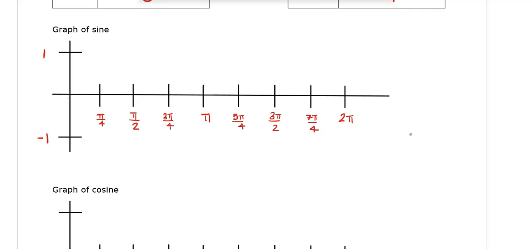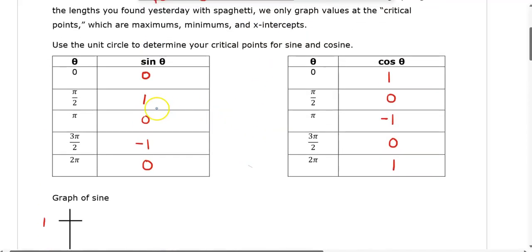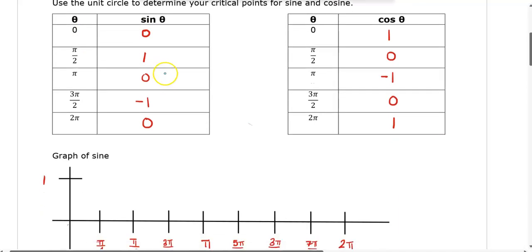All right, let's see what the graph of the function would look like. At 0, the value is 0, so I'm going to plot that point right here. At pi over 2, I'm up at 1. At pi, I'm back down to 0.